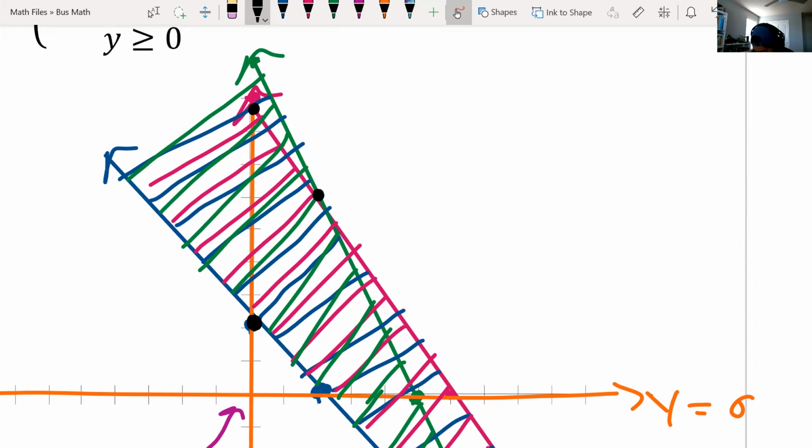Then I think right here and here. So here's what our feasible region is going to look like. From right here to here. And then there and there. There's our feasible region. So that's where all our shadings intersect.